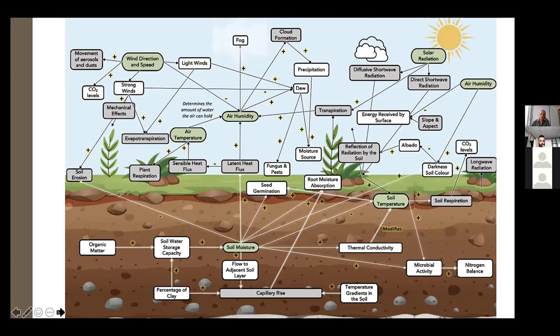And this picture shows that all processes relate to each other. So when doing something to a microclimate, you should really think of it as a system instead of just altering the wind direction or the speed, because this really has an effect on all the other components as well.